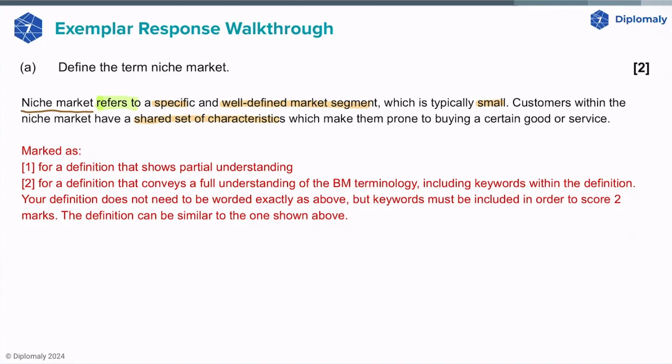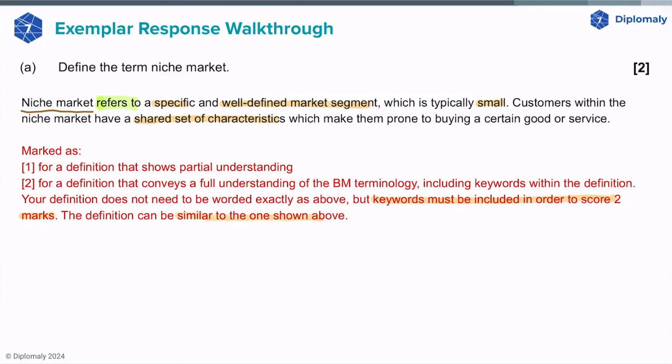Okay, so if you take a look at the mark scheme notes for the examiner, examiners are told that you don't need to word your definition exactly like the one I have shown you here, but generally speaking, keywords should be included in order to score the 2 marks, and it should be similar to the one above, okay?